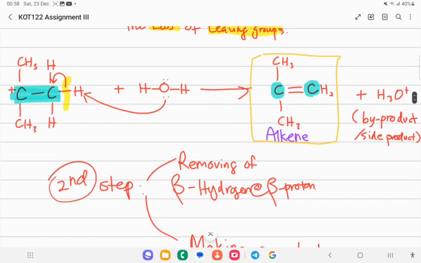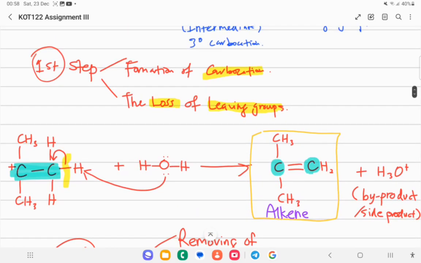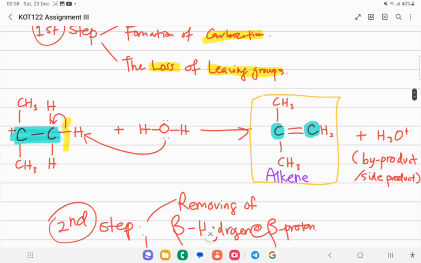Why is the hydrogen atom lost? Because our base will remove the proton and make the new pi bond. So we will form our product, which is an alkene.